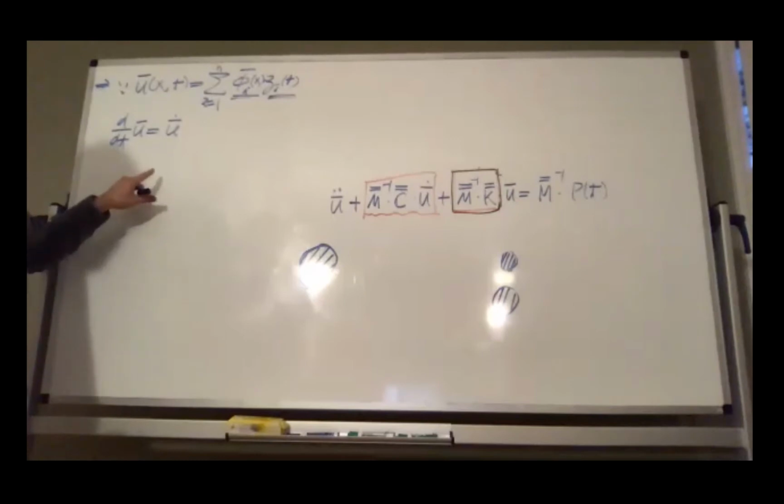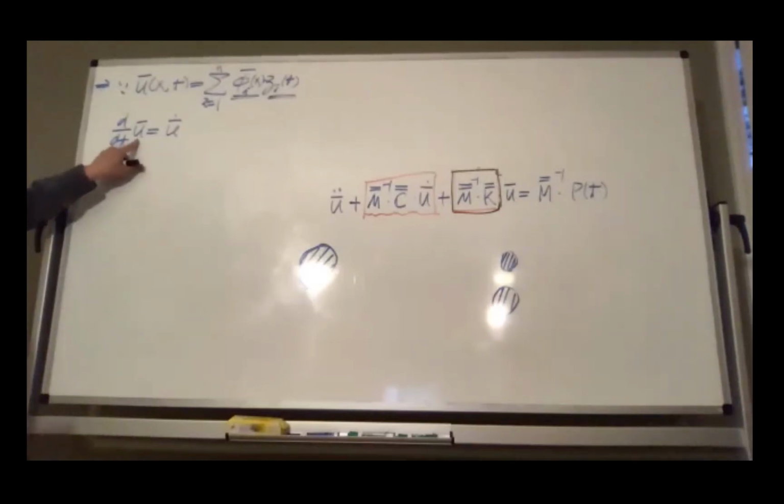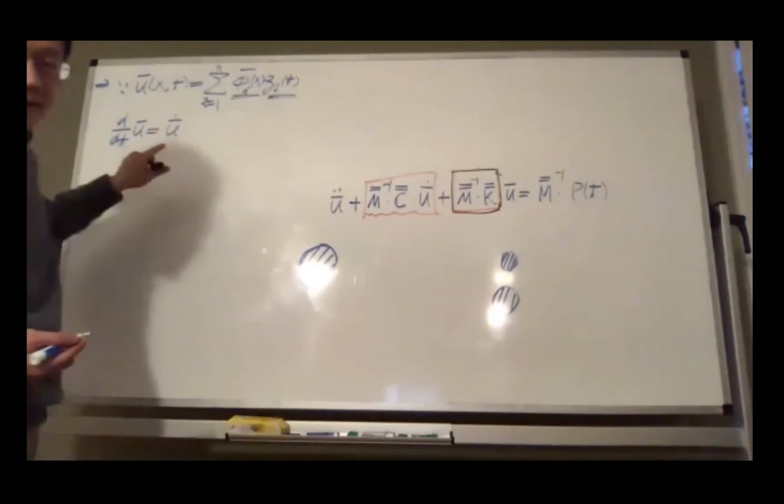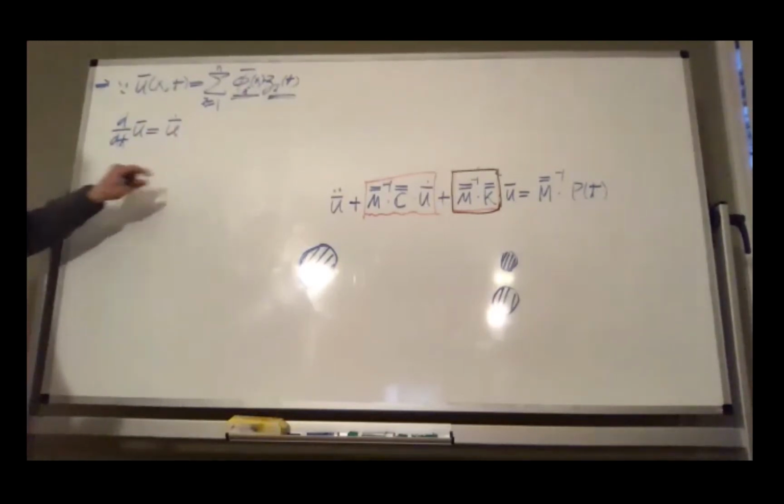You differentiate the dynamic displacement vector with respect to time, you will get, well, of course, everything is dynamic here, a velocity vector.